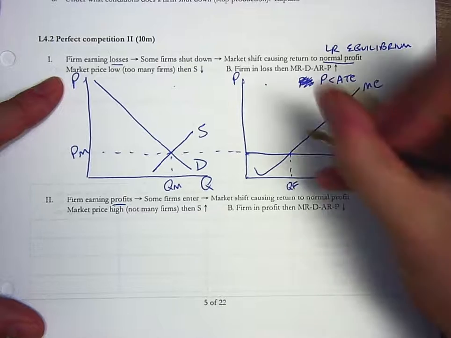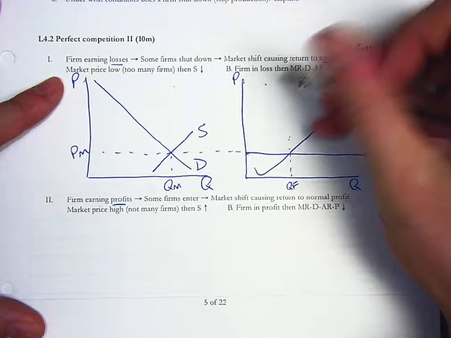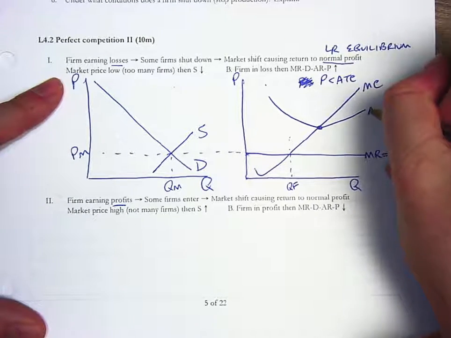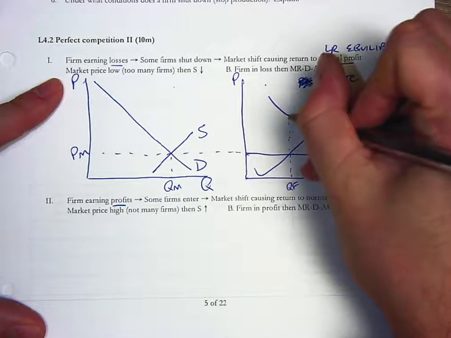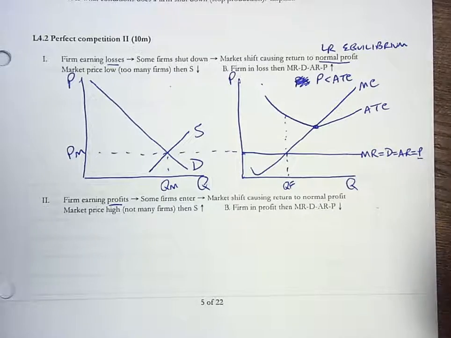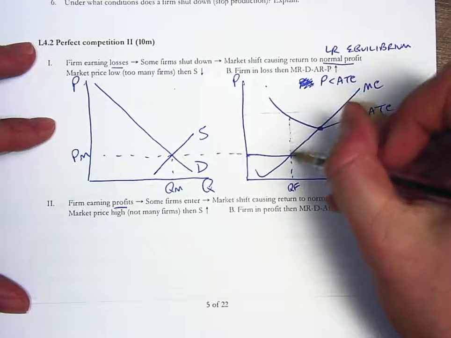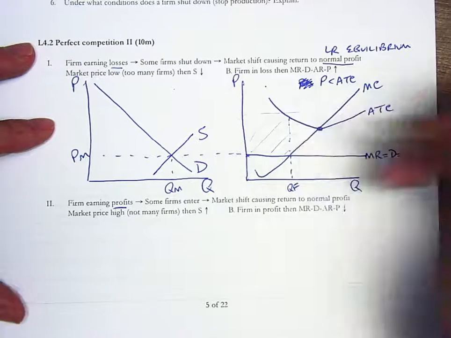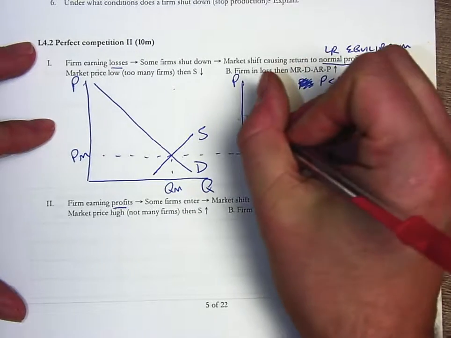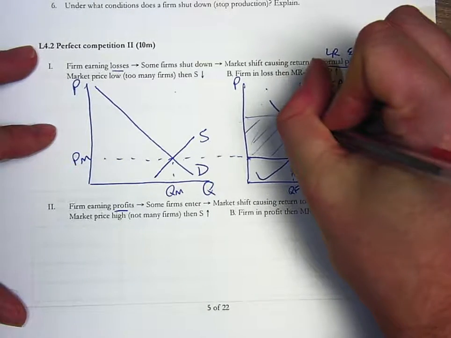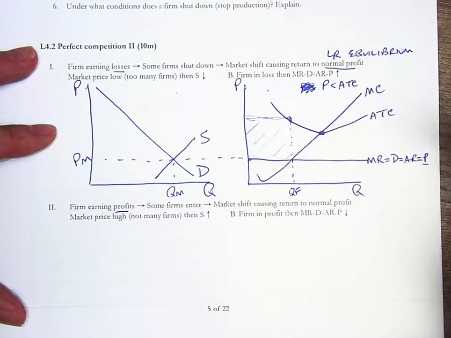So the ATC is going to have to be up here. ATC is way up here. And so we know that the firm is losing money, right? And we can visualize a light version of what that loss rectangle would look like. It goes all the way over here to that ATC point.